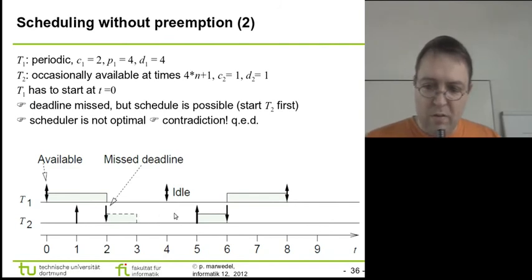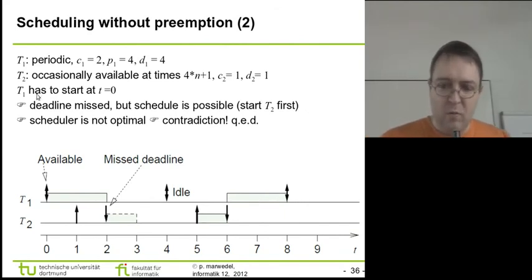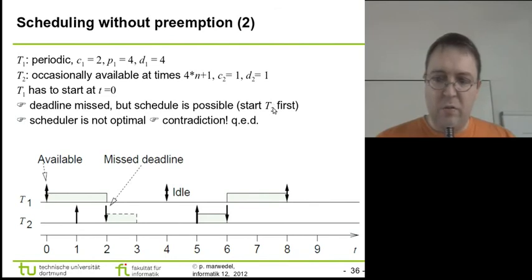On the other hand, if we leave the processor idle here, we can execute T2 first, leaving the processor idle for 1 time unit. T1 arrives at a point in time 5, and then we schedule T1 afterwards, and both deadlines are kept. So we see in that first case here we miss the deadline, but on the other hand we see that there is a possible schedule of starting T2 first.